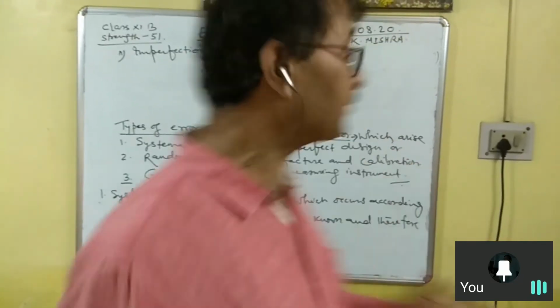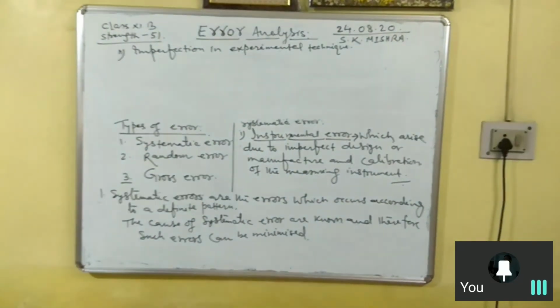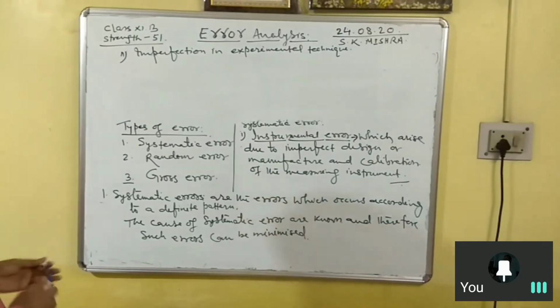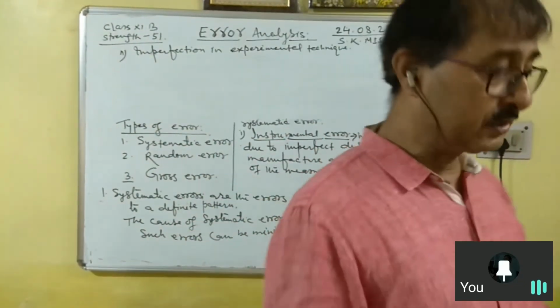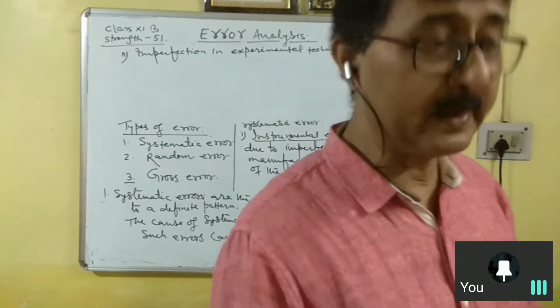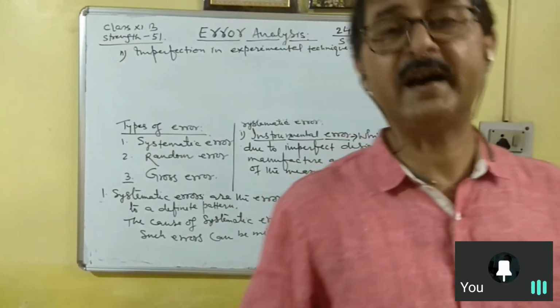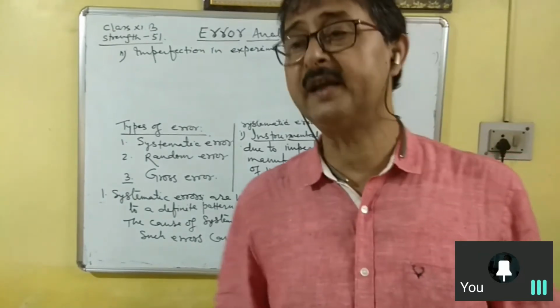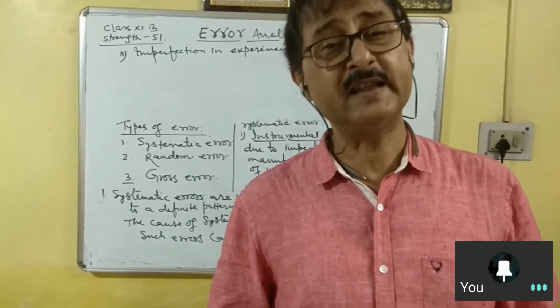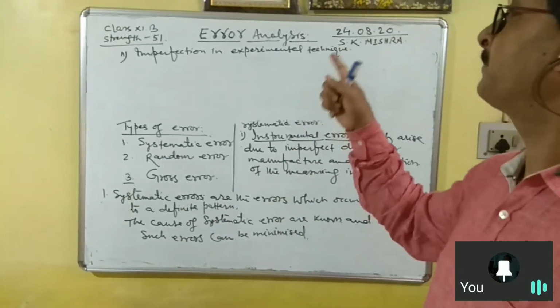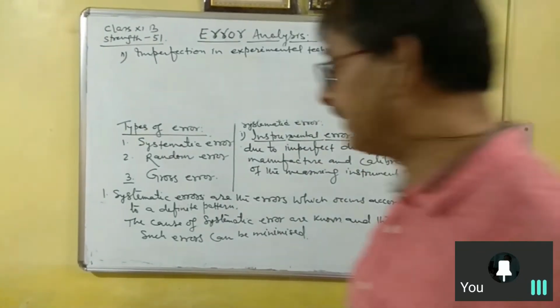That's why it is imperfection in experimental technique. You may also not know how to take the reading because you don't know the least count of the apparatus and how to read the particular reading of the apparatus. So this type of error arises due to imperfection in experimental technique.